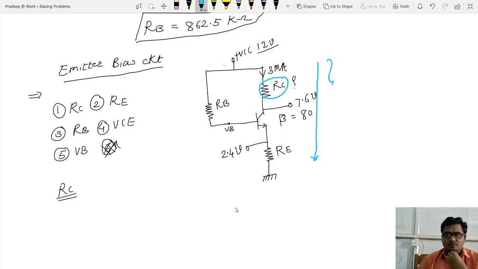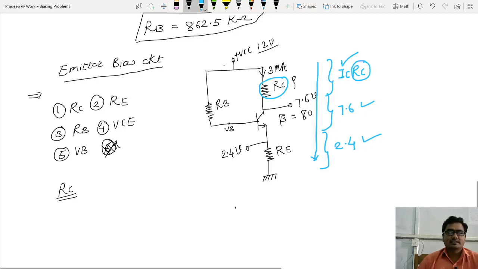This voltage is IC multiplied by RC, this voltage is 7.6, and this voltage is 2.4. This voltage is known, this current is known, so it is possible for us to calculate this resistor.